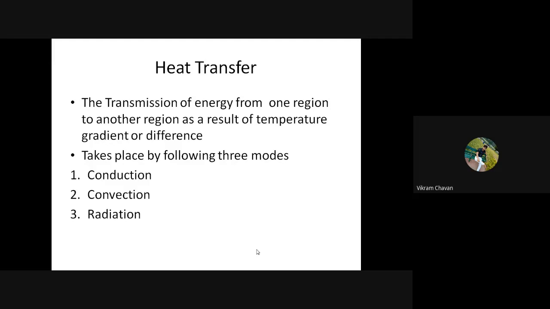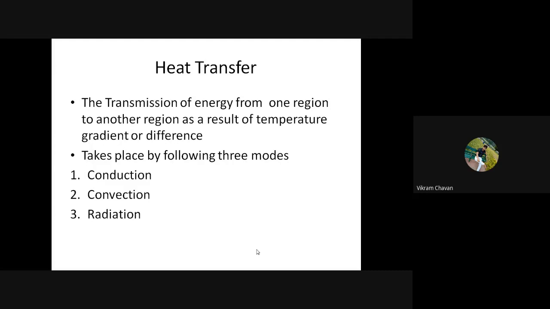We have also discussed the heat transfer definition. You can see it on the screen: the transmission of energy from one region to another as a result of a temperature gradient or difference.